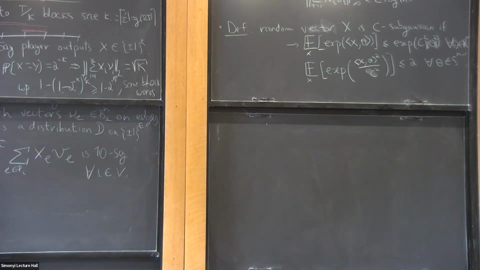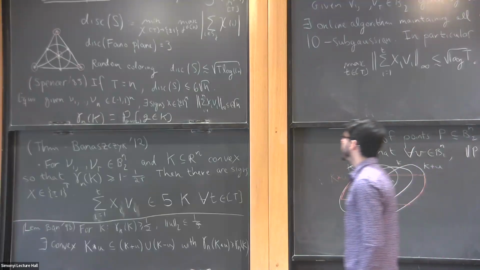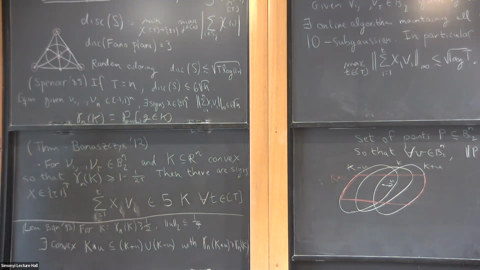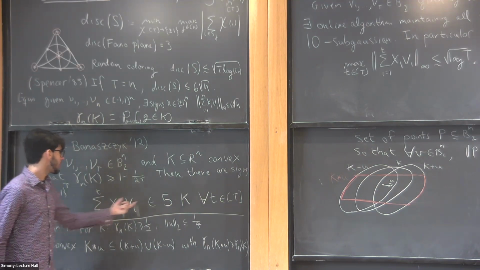What is the theorem again? So I have some vectors v1 through vt in the unit ball and some large convex body, and I want to show that I can fix signs so that all the prefixes are in 5 times K.